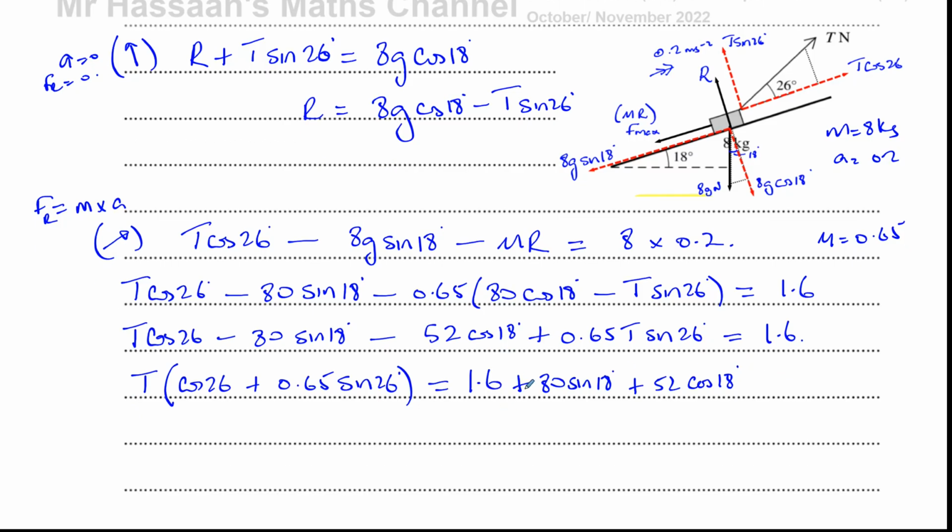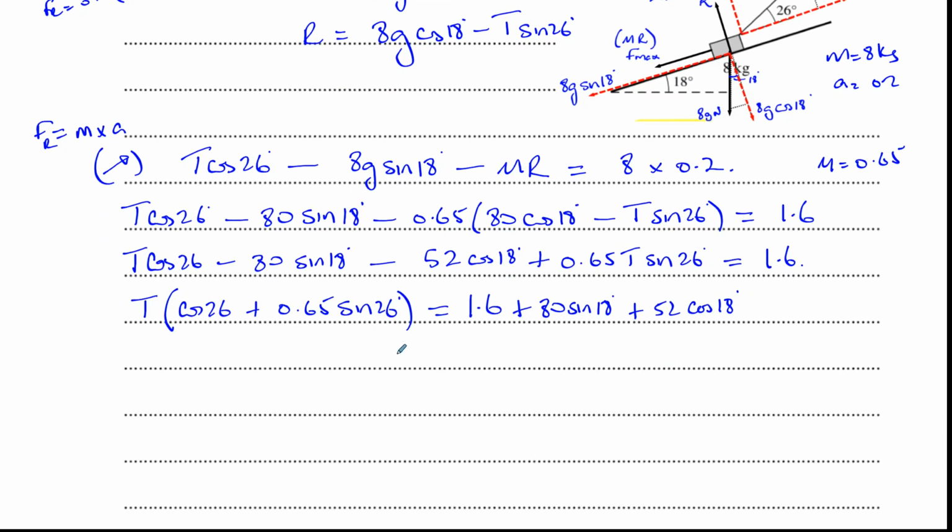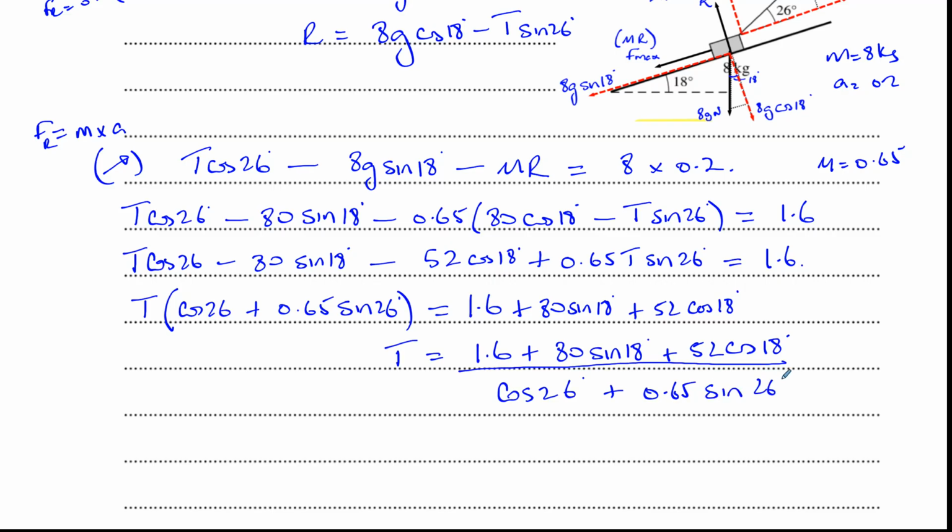So now what's left for us to do is find t. So we can divide both sides by what's multiplying the t here. So we end up with 1.6 plus 80 times sine of 18 plus 52 times the cosine of 18, all over the cosine of 26 plus 0.65 times the sine of 26. And that should give us the correct value of t.